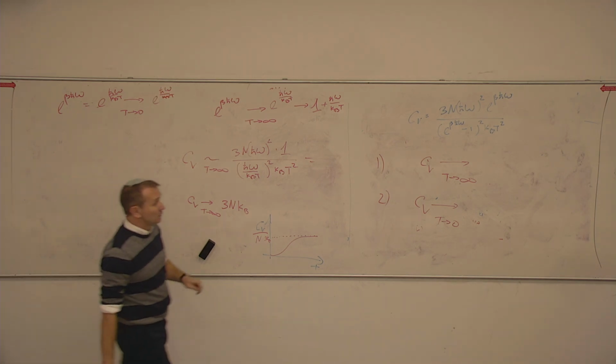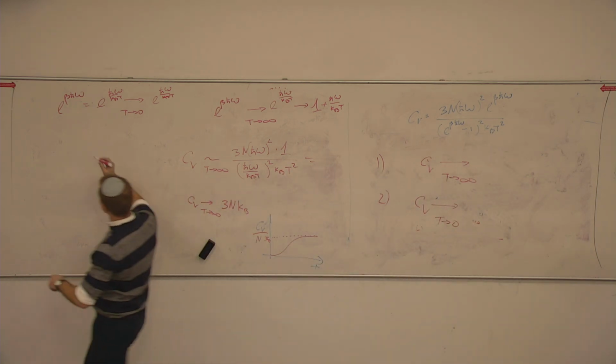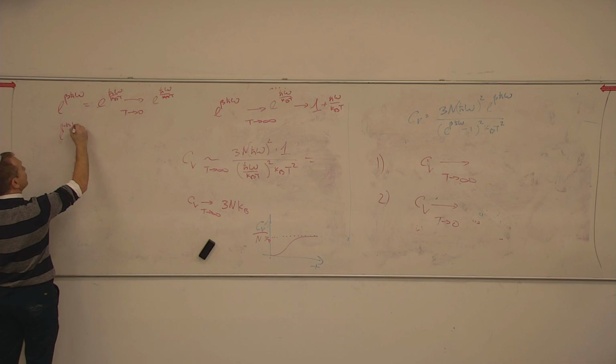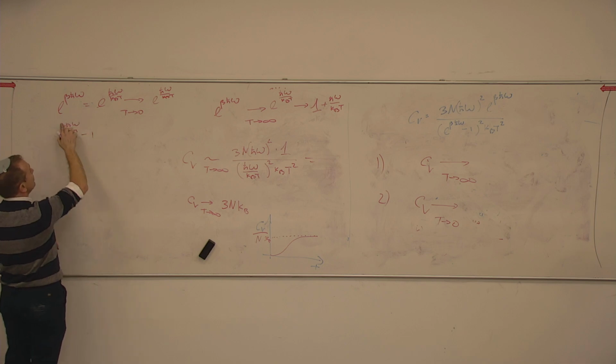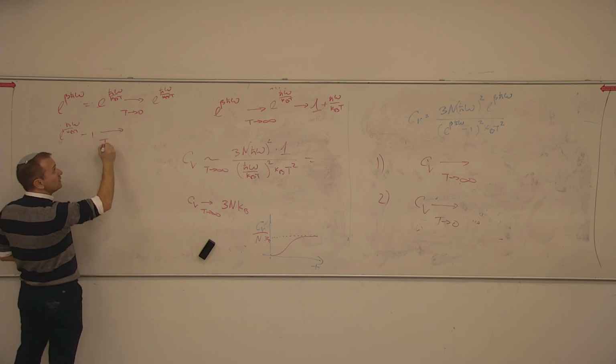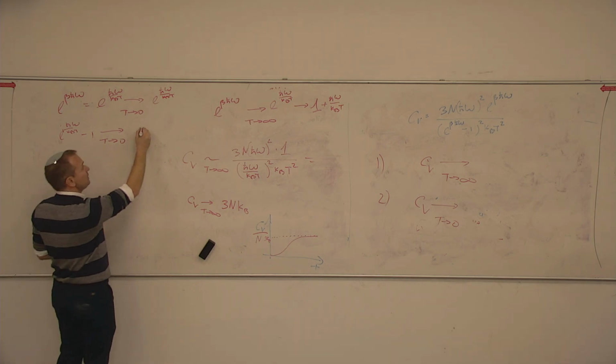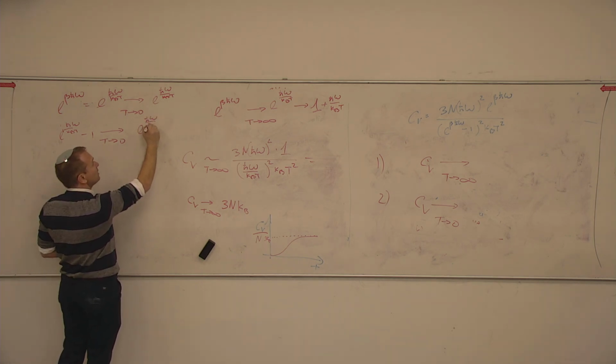But when I look at this, I can say the following: e to the power beta h bar omega, h bar omega divided by k Boltzmann t, minus 1. When t goes to 0, I don't care about this 1 anymore, and it's simply e to the power h bar omega divided by k Boltzmann t.